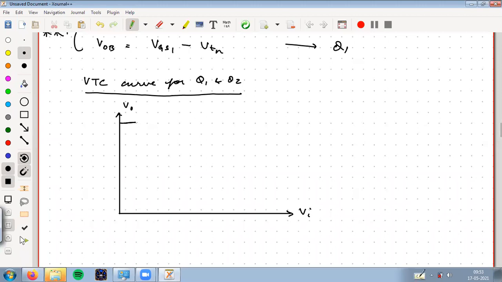You know already how this curve goes; it will not touch zero.